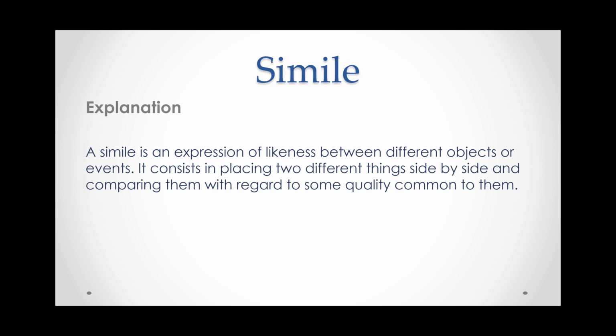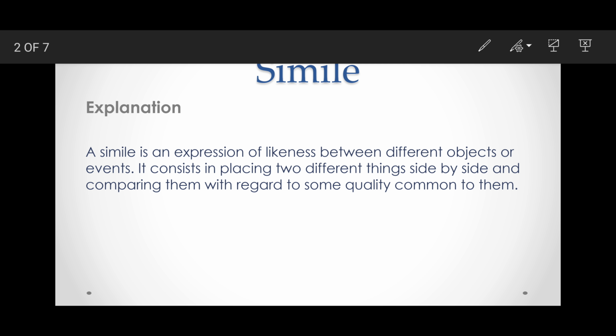The purpose of a simile is to help describe one thing by comparing it to another thing that is perhaps seemingly unrelated. There are two essential elements in a simile. First, the objects or events compared must be different in kind.